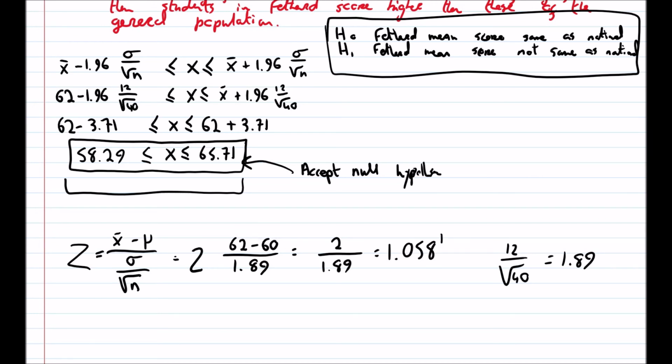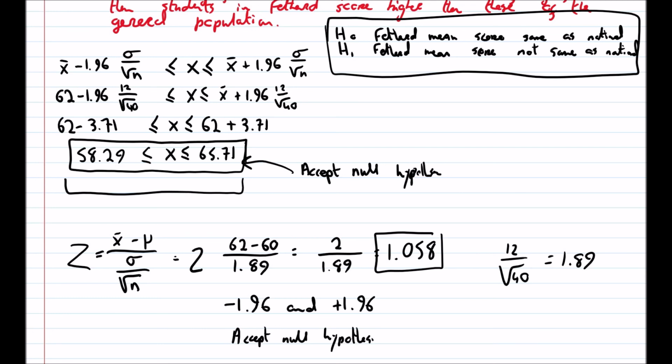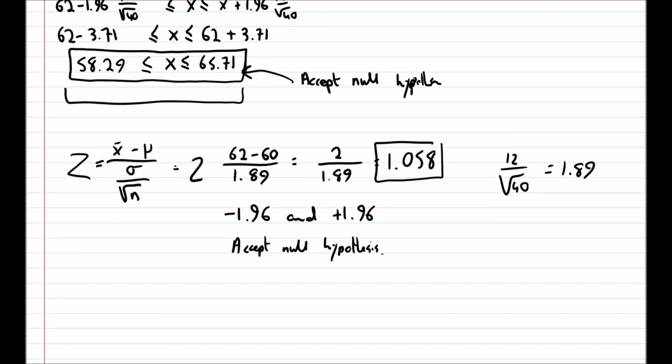Then we ask ourselves, does that lie between minus 1.96 and plus 1.96? It does, so we will accept the null hypothesis. Another way of saying accept the null hypothesis is fail to reject.